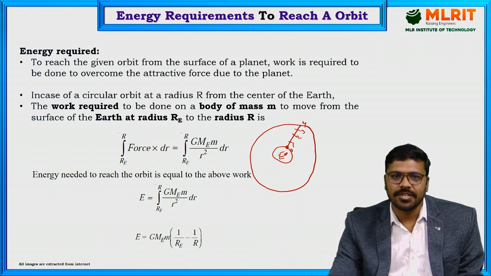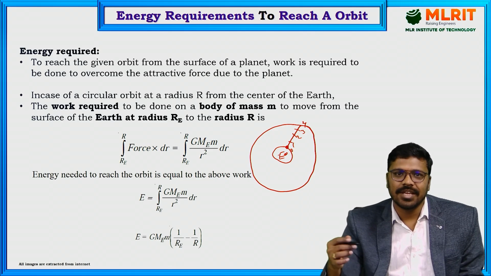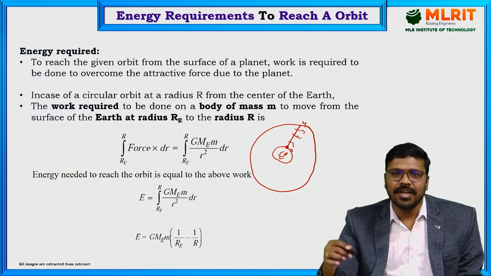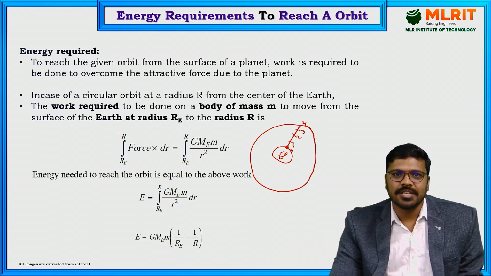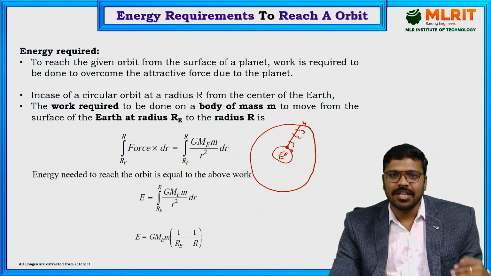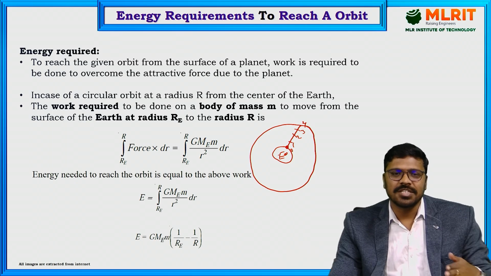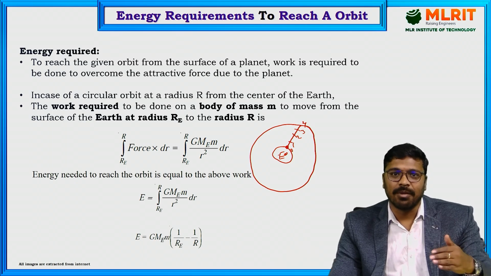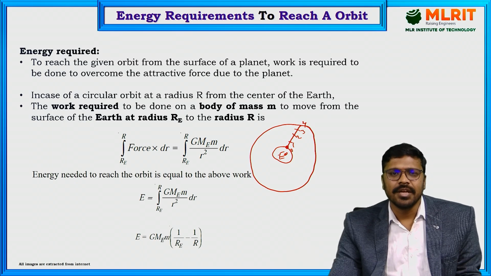At 3 and at different altitudes, the gravitational attraction experienced by the body is different. It is not actually constant. So, this body has to overcome the attraction force by the Earth and reach a certain altitude. Whatever the attraction force acting on the body while it is traveling from the Earth surface to the orbit is not constant.